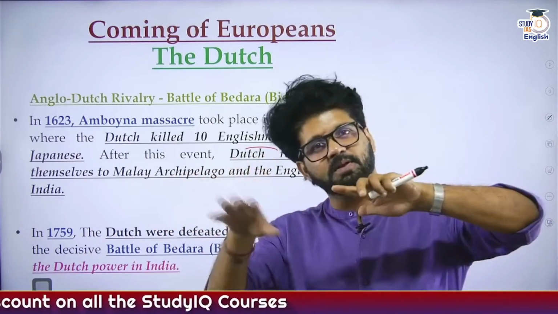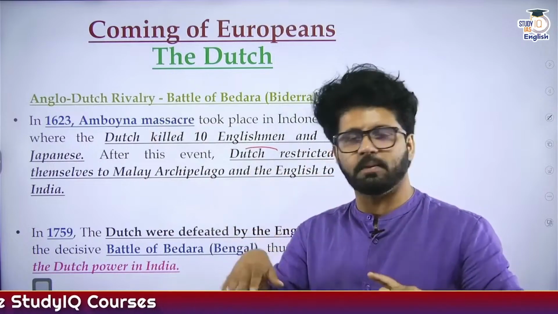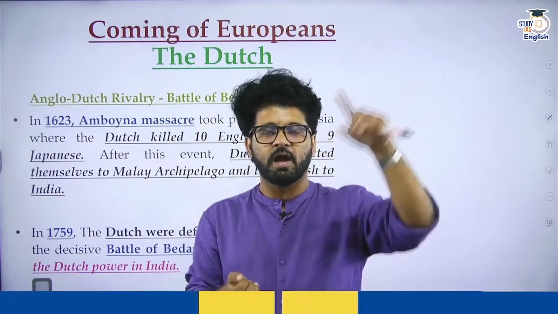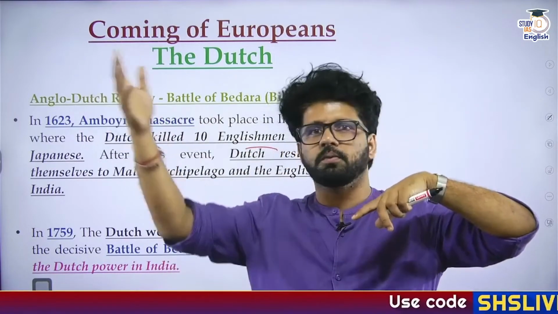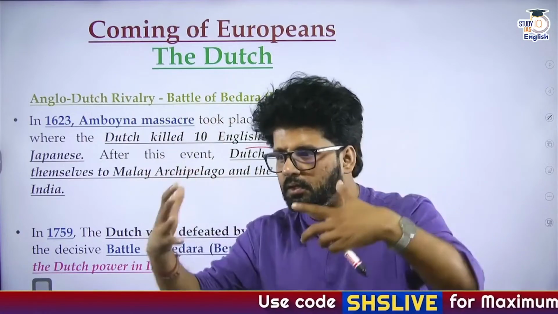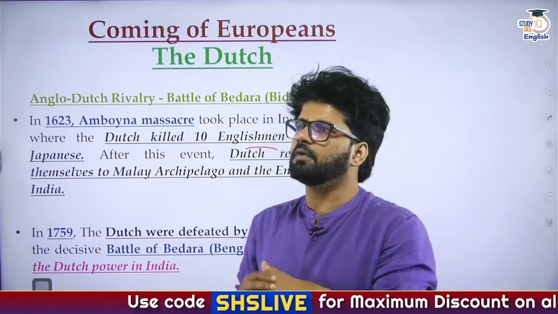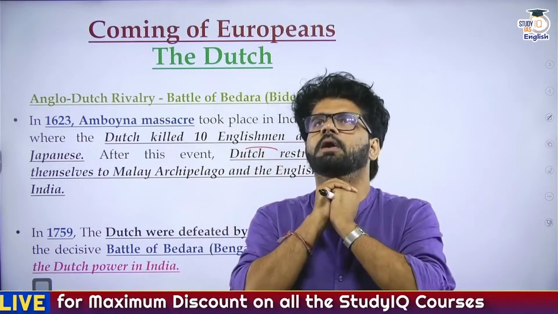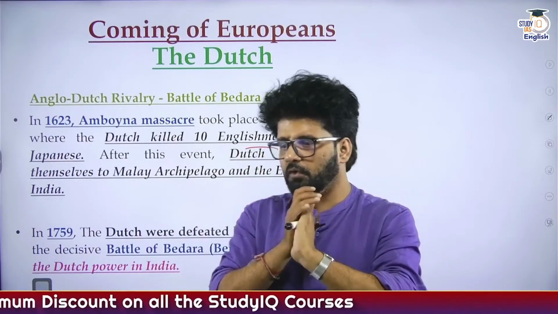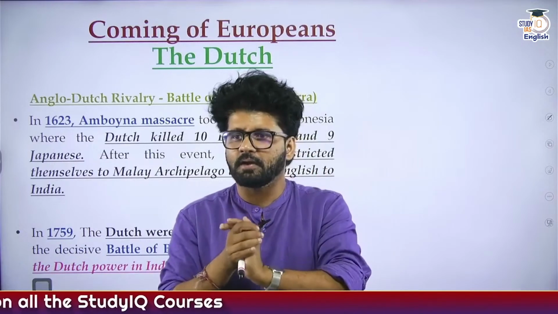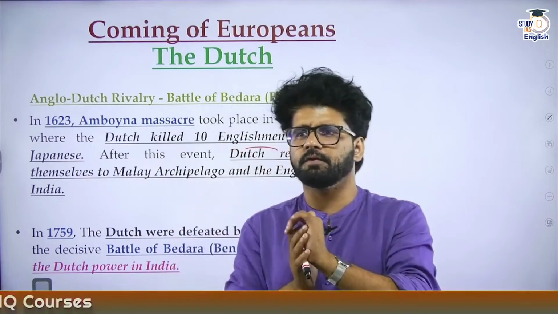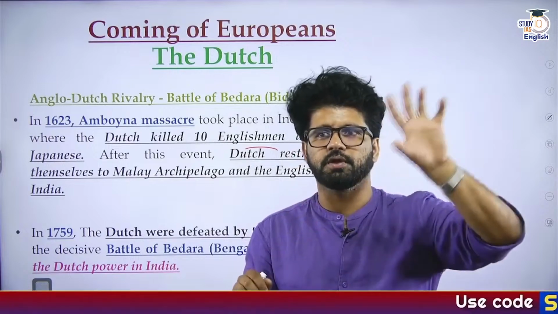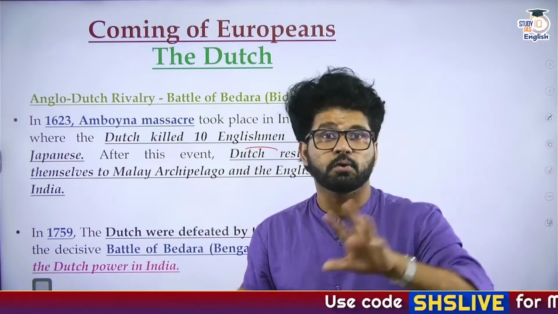So here 10 Englishmen died, and this became such a bone of contention that even now sometimes Dutch and English people talk about it in their parliament, just like we talk about the Jallianwala Bagh massacre and ask England to say sorry for it. Or like the Komagata Maru incident involving Canada, where they did not allow one of our ships to land.